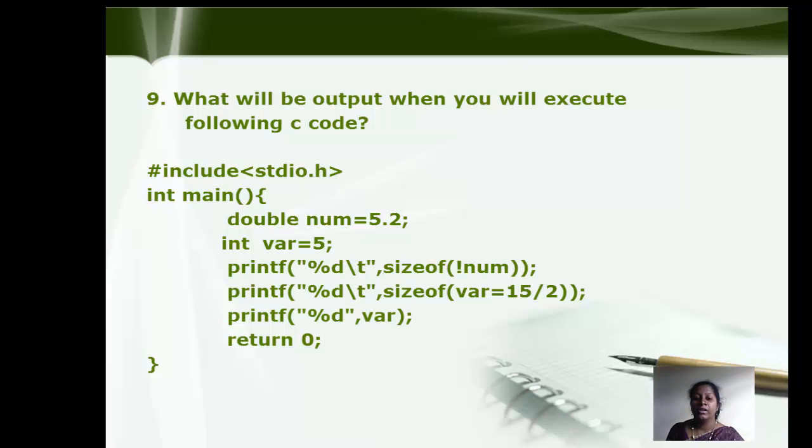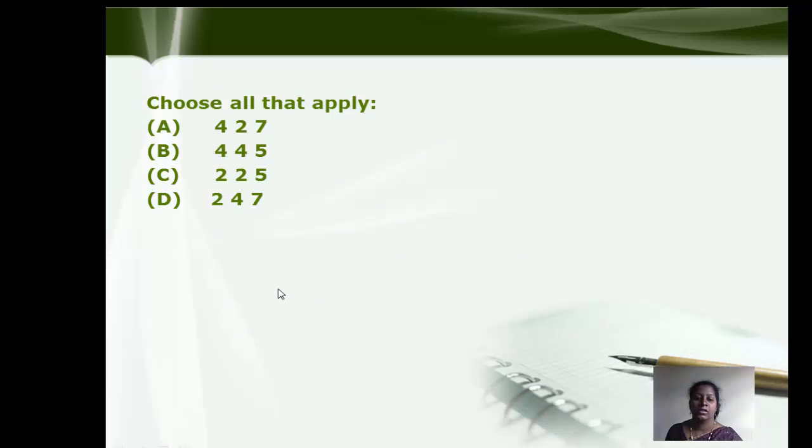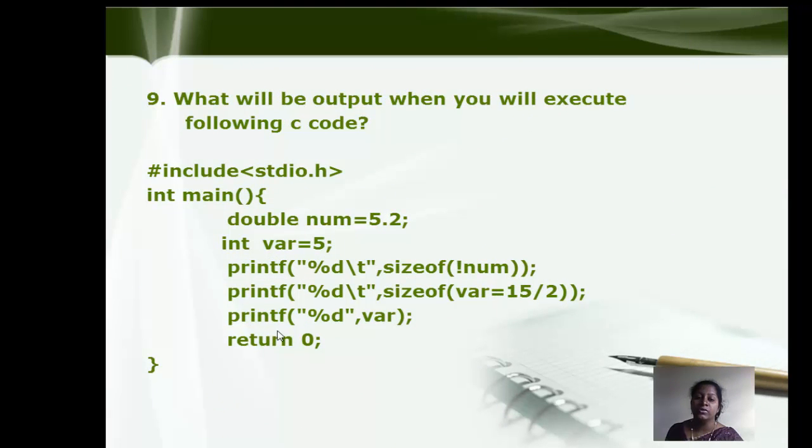And now when you move to the third printf, which prints the variable var, I'll be printing only the initial value of this variable, 5, because any modification of this variable here will be within the scope of this sizeof operator.